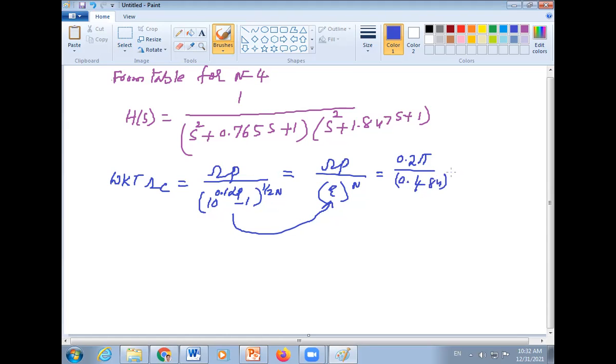N we are having is 4, so 1 by 4, which is equal to 0.24 pi. 0.24 pi is the value of omega c for this. That is, omega c is equal to 0.24 pi.